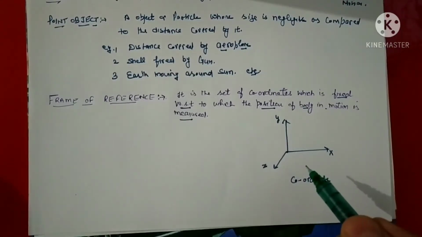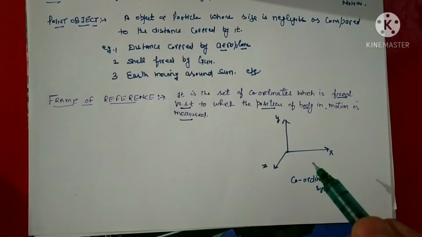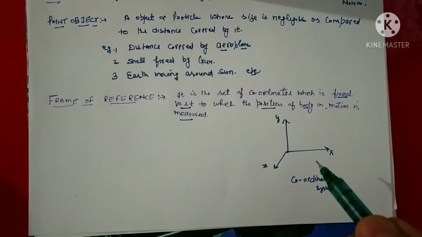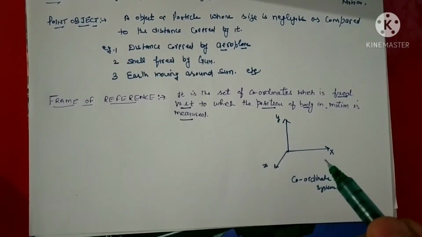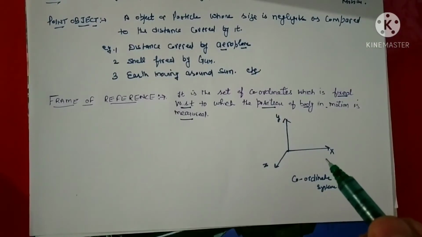Suppose one bus is moving. The driver of the bus is in motion with respect to the person who is standing outside on the road, and the driver of the bus is at rest according to the person sitting inside the bus.